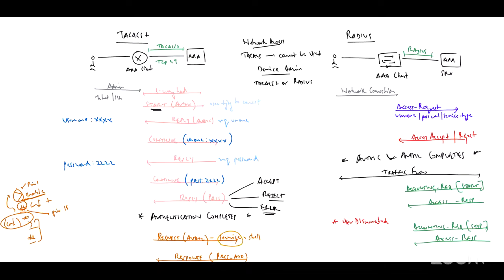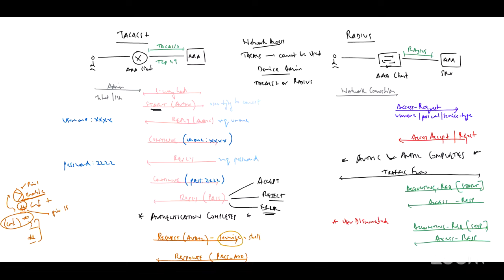Reject will indicate a failed authentication. With failed authentication, no authorization can be done, obviously. Authentication needs to be successful for authorization to happen. But successful authentication does not guarantee successful authorization as well. Remember these two things.